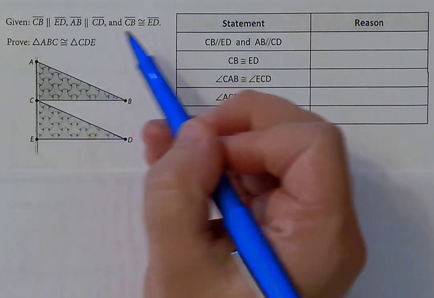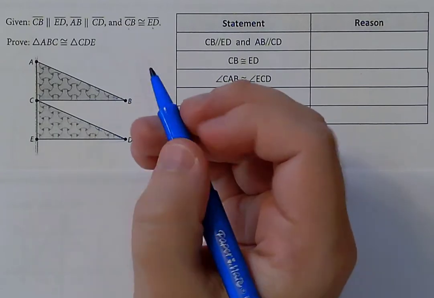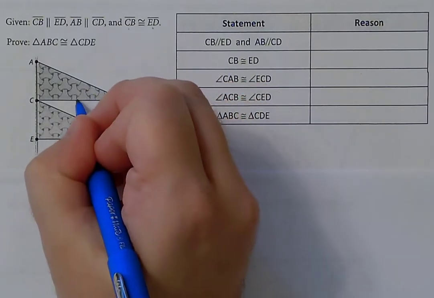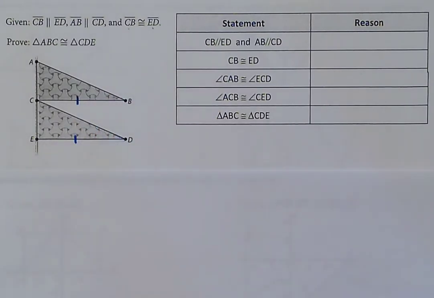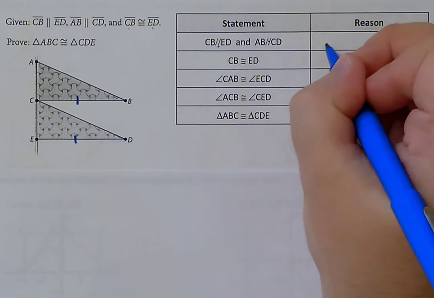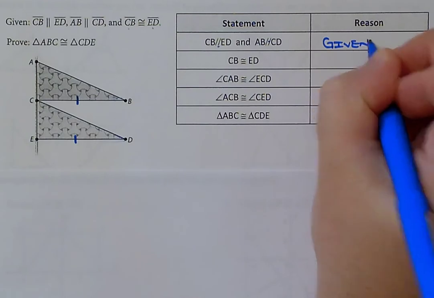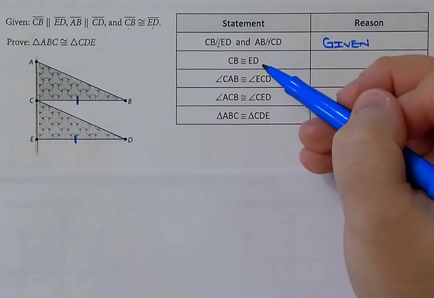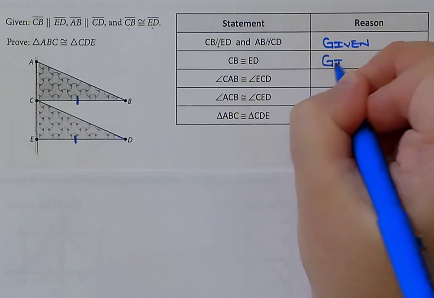They also tell me that CB is congruent to ED, so this side is congruent to this side. My first statements are that the lines are parallel and that CB is congruent to ED, and I know that because both have been given to me.